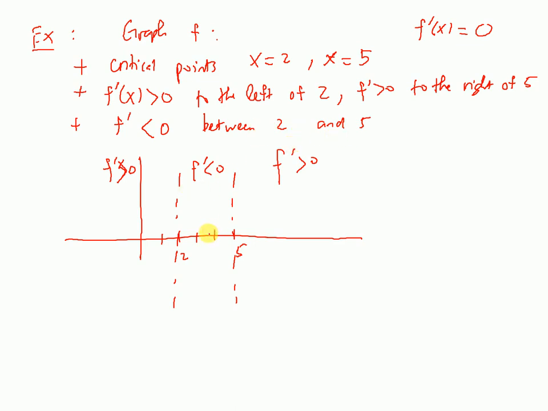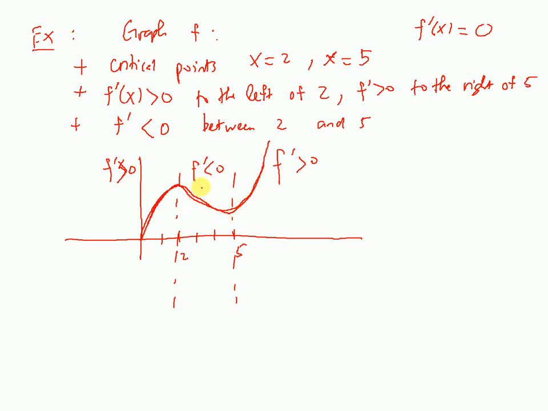Okay, so I can draw something like this: increasing right up to this point, and then decreasing, and then from this point increasing again. This is the general shape only, the behavior. Because this is increasing, we have the positive first derivative, then decreasing, and then increasing again.